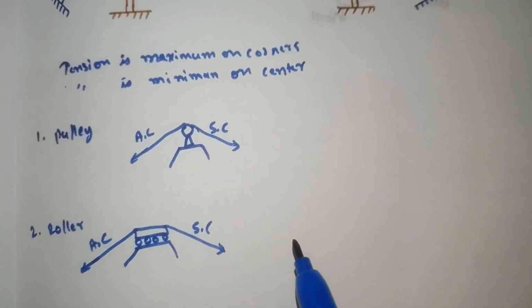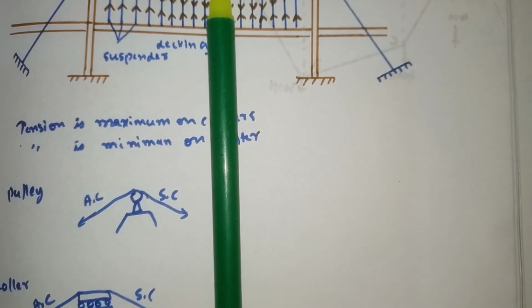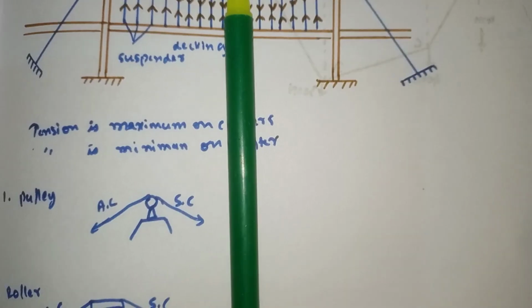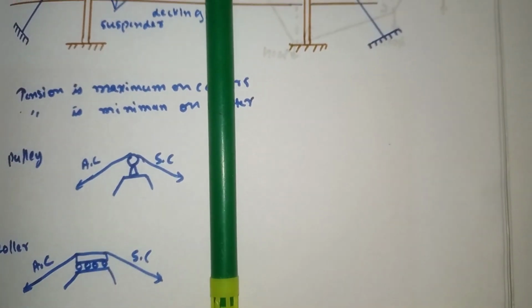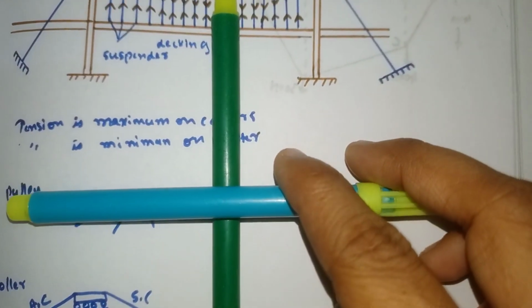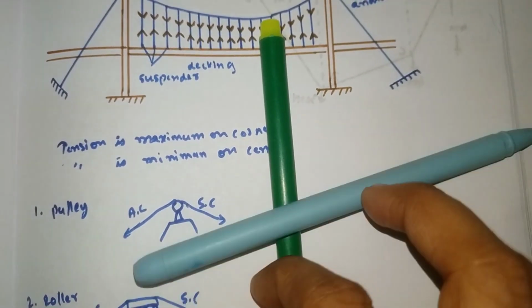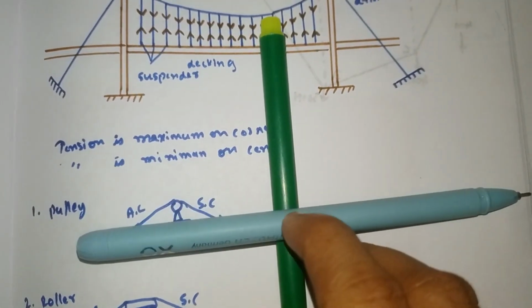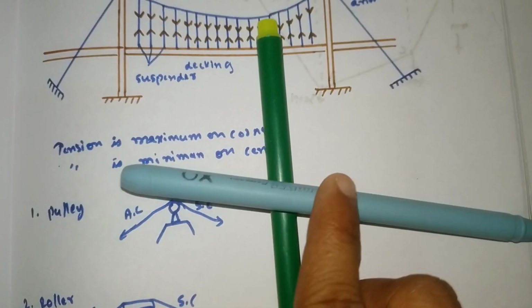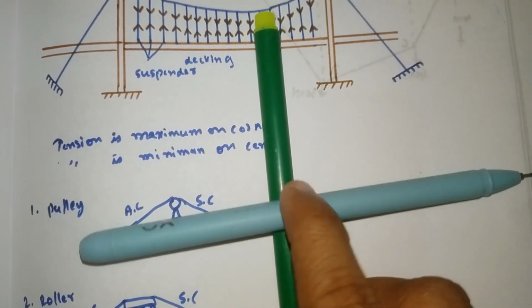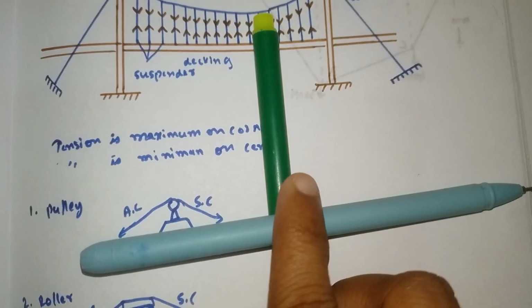I will show you with the help of a diagram. So assume it's our pulley. It is fixed, it does not move. So this is our cable. With the help of this support, it will move like this, either left side or right side. When this cable moves, the pulley doesn't move.